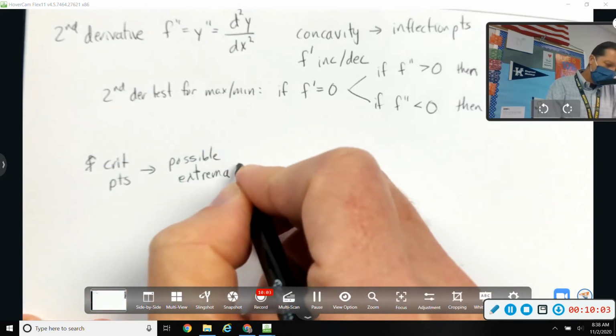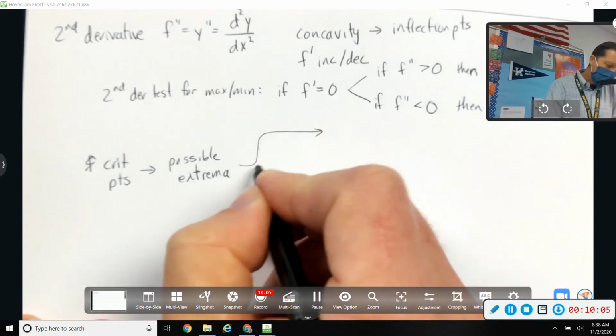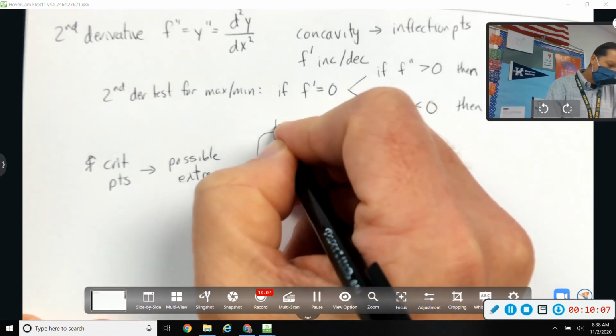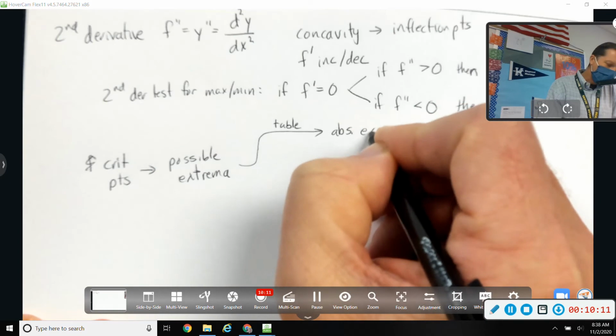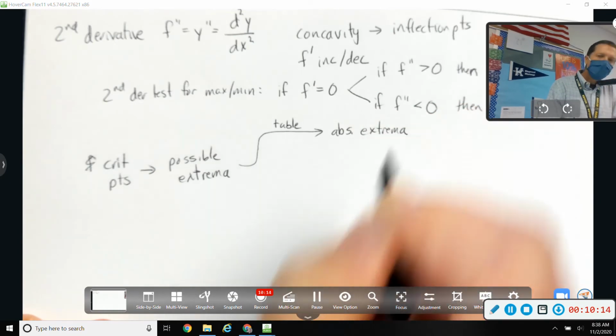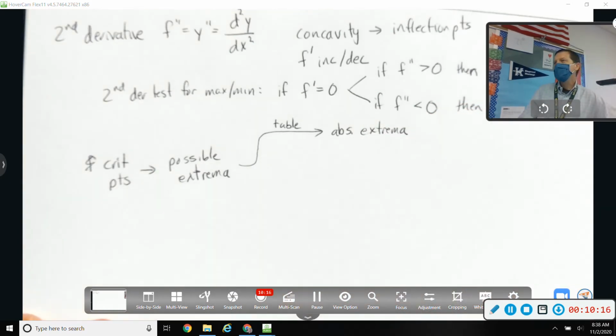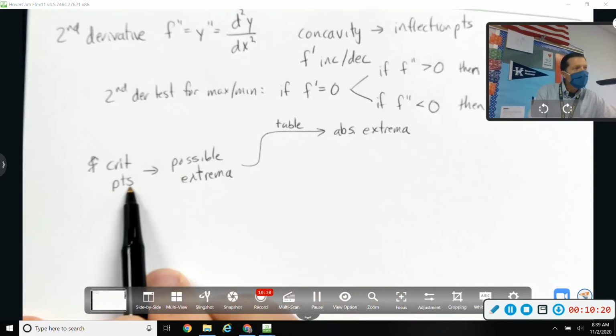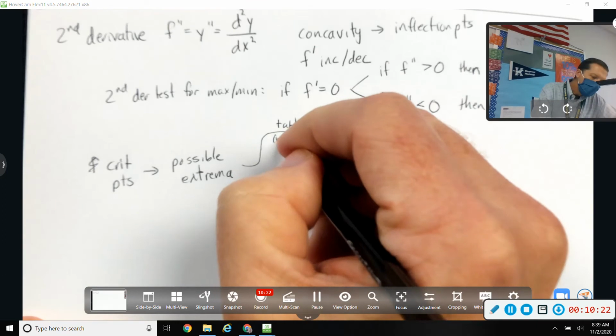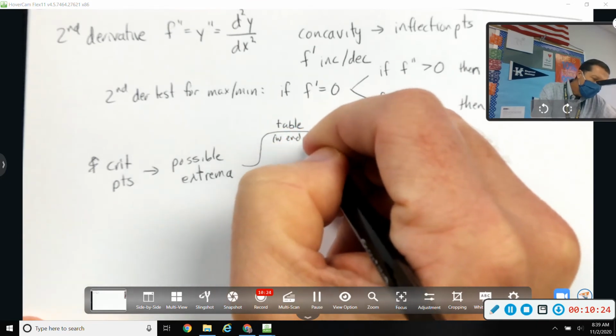And then we have those three options. A table will tell us the absolute extrema. Right, we're just looking for the biggest value. Remember, the table has to include the possible extrema and the endpoints. Table with endpoints.